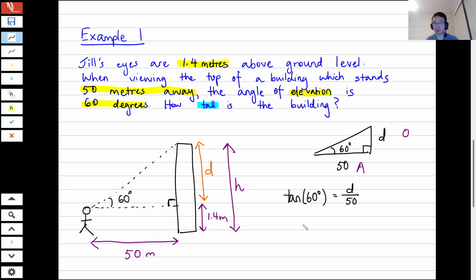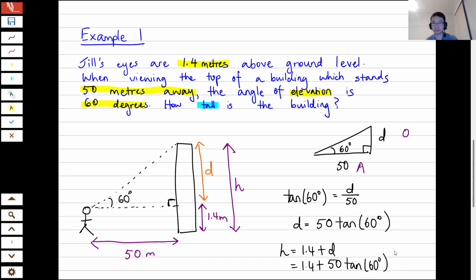So now I can rearrange this equation for d by multiplying both sides by 50. So d equals 50 times tan of 60 degrees. But don't stop here, because we don't want d, we want the height of the building above ground. So h is equal to 1.4 plus d, or 1.4 plus 50 times tan of 60 degrees.